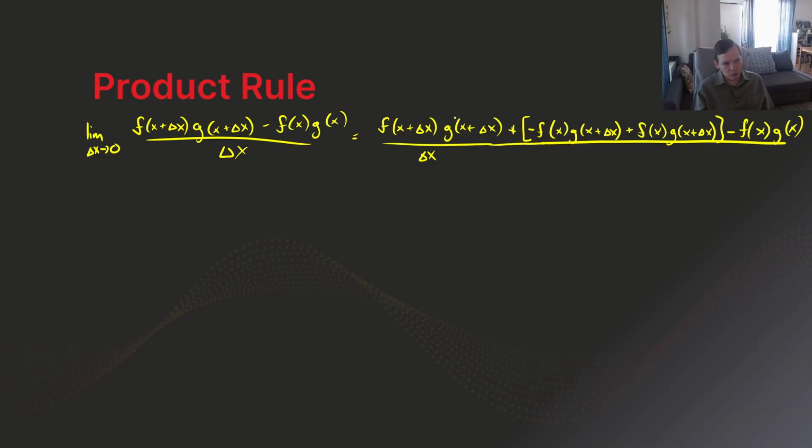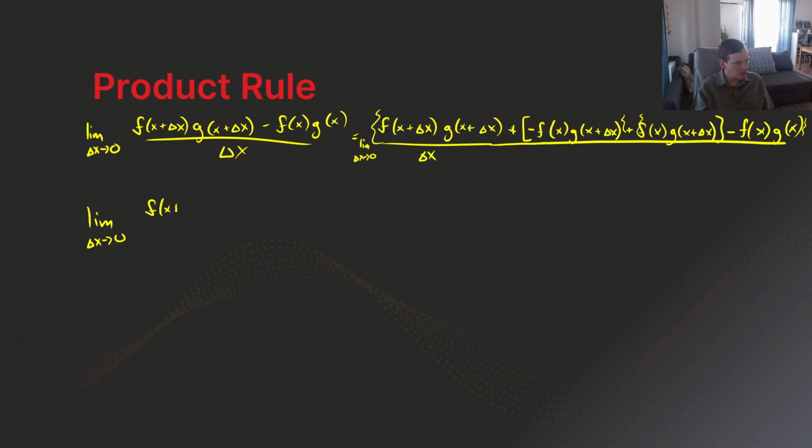Now I'm going to group these two together and these two together as separate fractions. And I need the limit as delta x approaches 0 here. So I'm going to take the limit as delta x approaches 0 of, like I said, that first group.